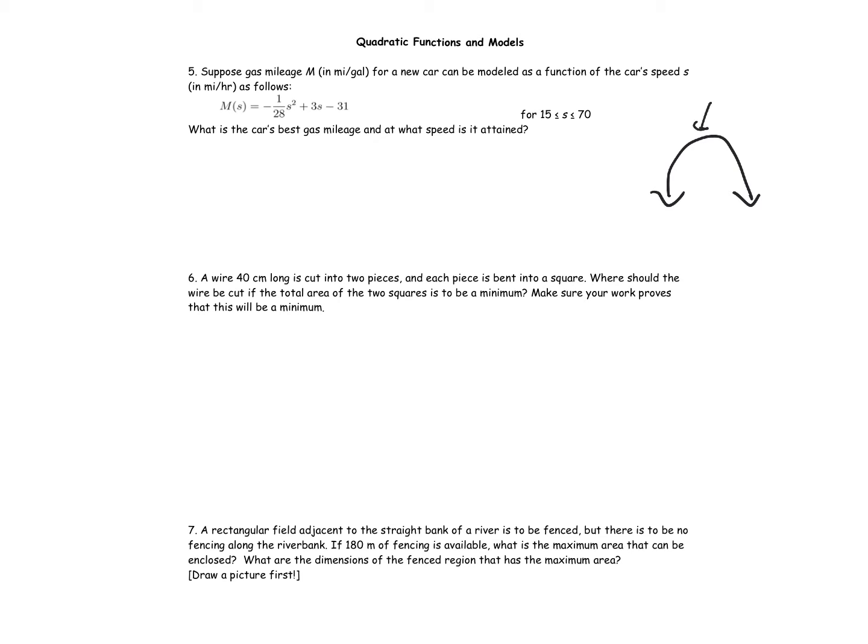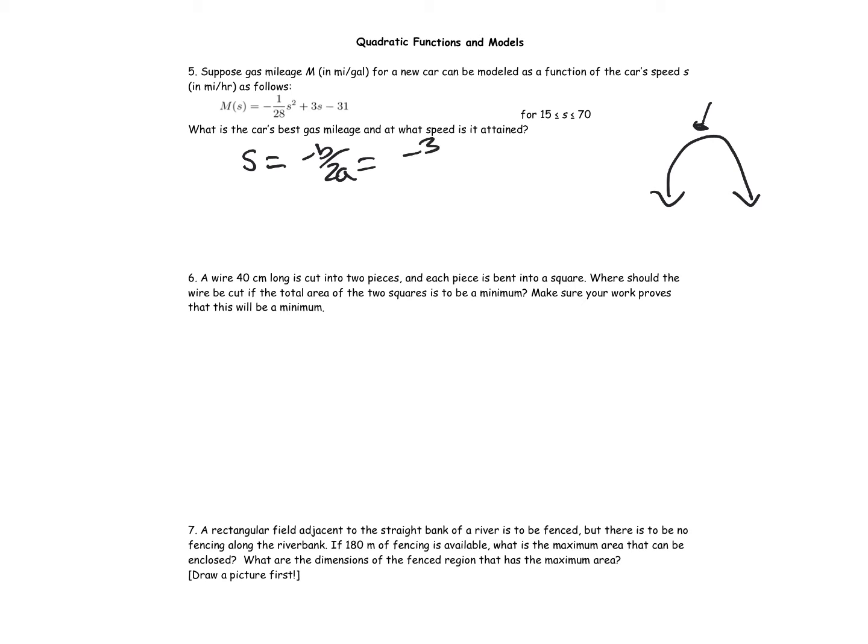Well, that's going to occur at the vertex. So what this question is really asking is, what is the vertex? The x-coordinate of this vertex is going to stand for the input, which in this case is speed. And the output will be that gas mileage. So when I find the speed for this max, I'm going to do negative b over 2a. I think that's the easiest here.